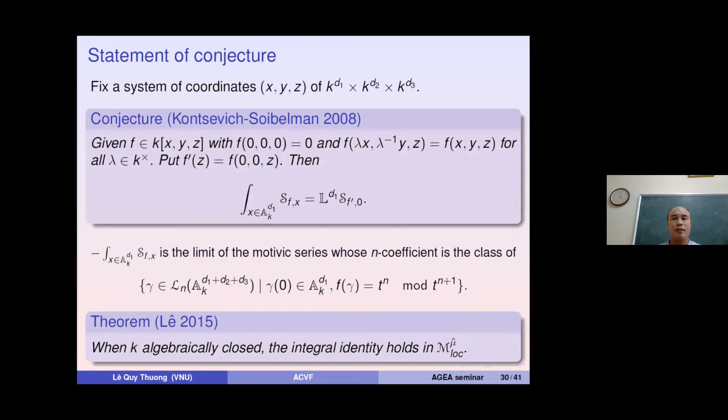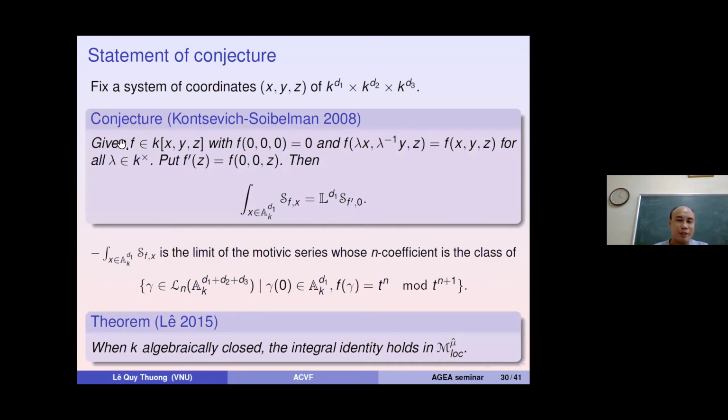In 2008, Kontsevich and Soibelman introduced the theory of motivic Donaldson-Thomas invariants, and the theory depends heavily on a conjecture called the integral identity conjecture. In this talk, I just mention the regular version.